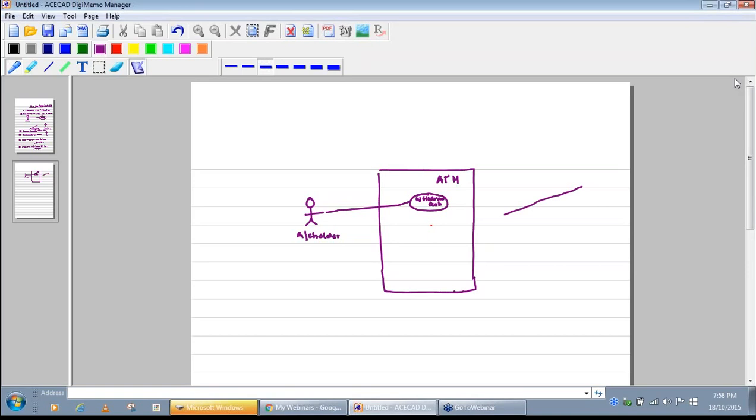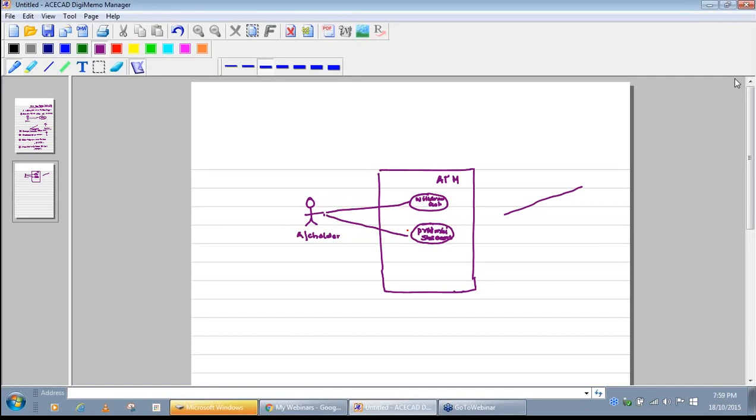The same account holder can also work on the use case print mini statement. So account holder is also associated with print mini statement use case, with association relationship.